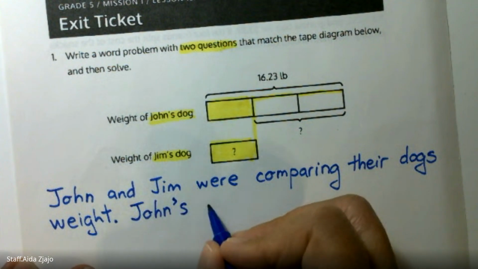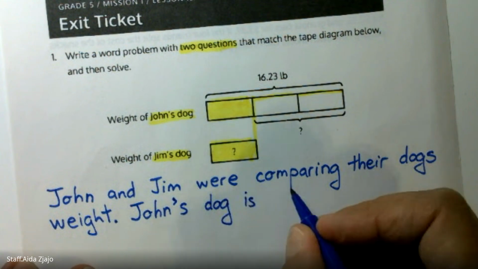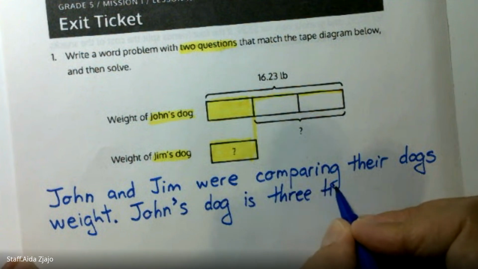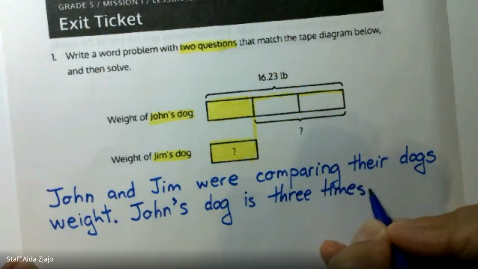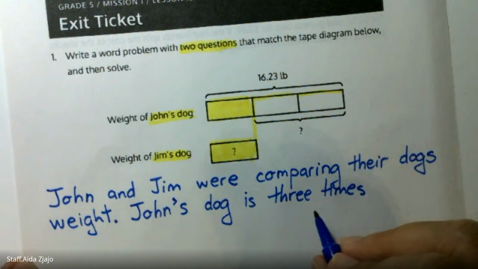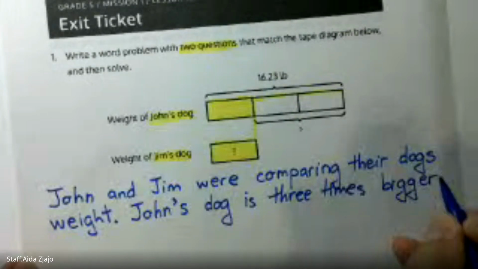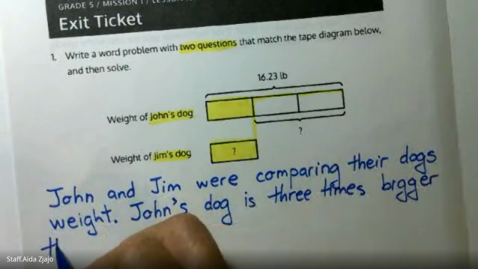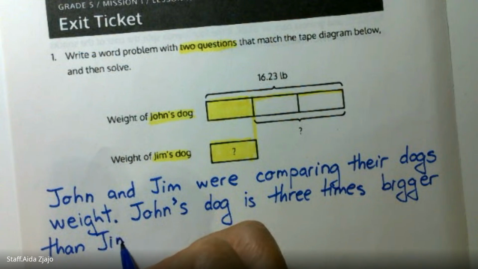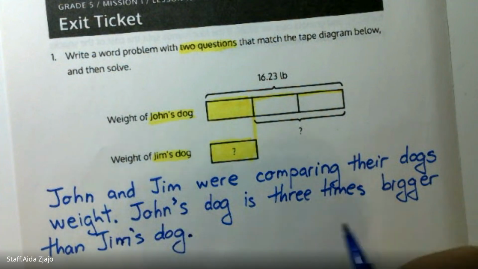John's dog is 3 times bigger than Jim's dog.